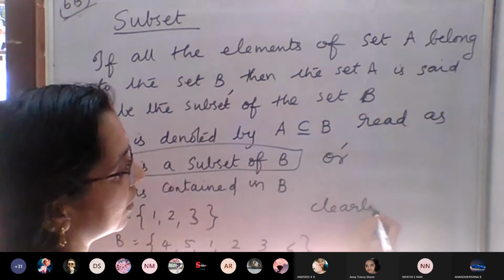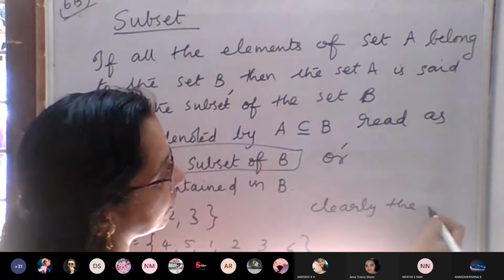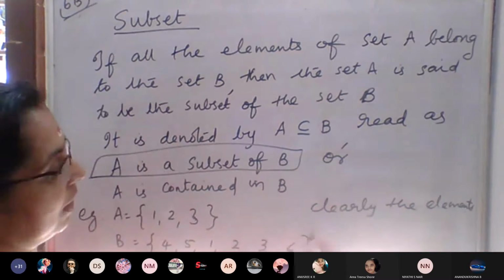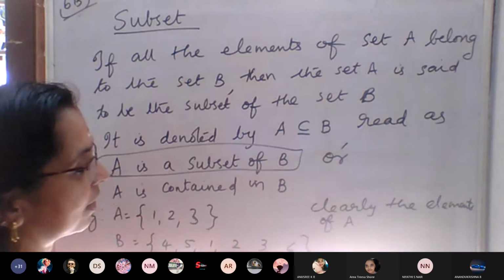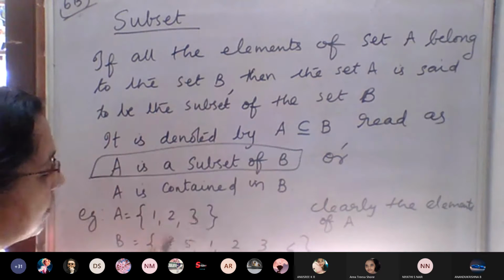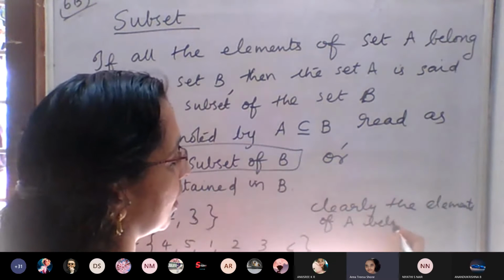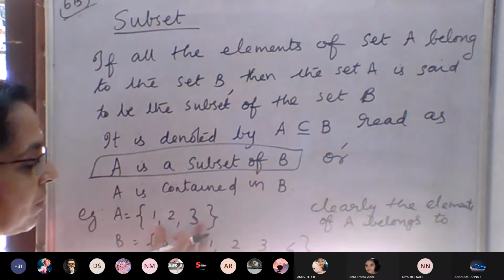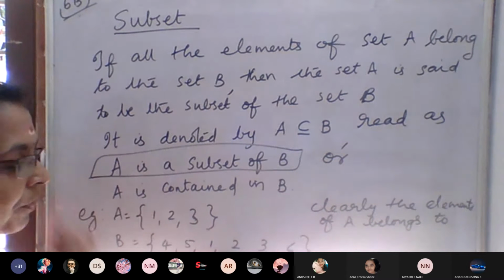Clearly, what about the elements of A? How can we say A is a subset of B?